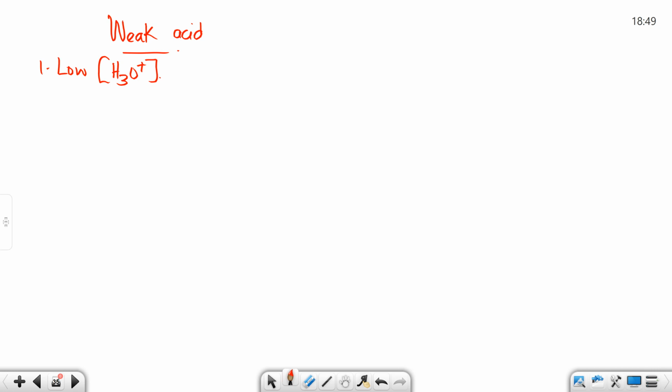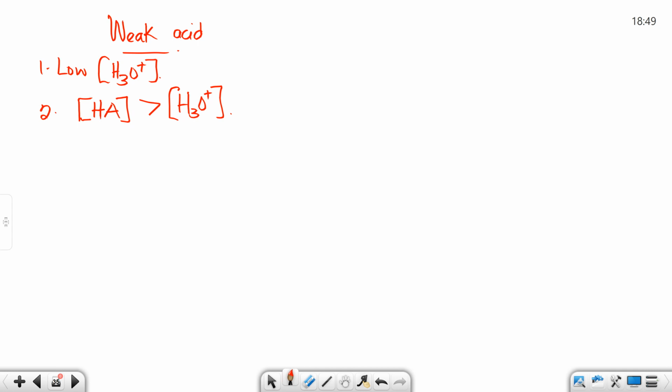What does this mean? It means the concentration of the acid, I'm just going to use this one as the acid itself, is greater than the concentration of the hydronium ions. The amount of hydronium ion produced tells if an acid is weak or strong.